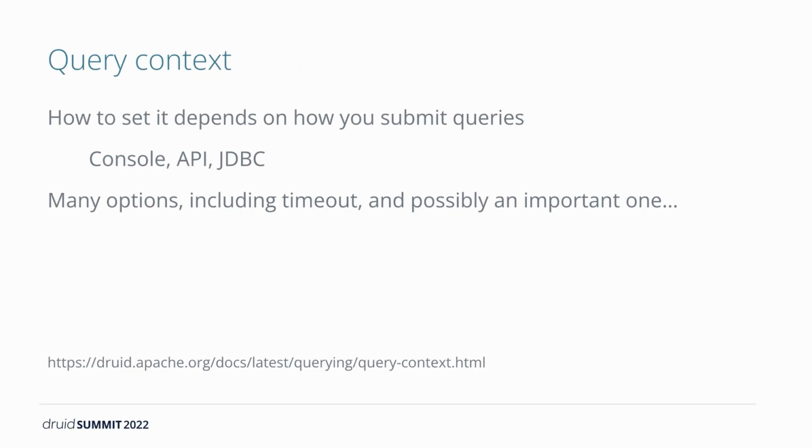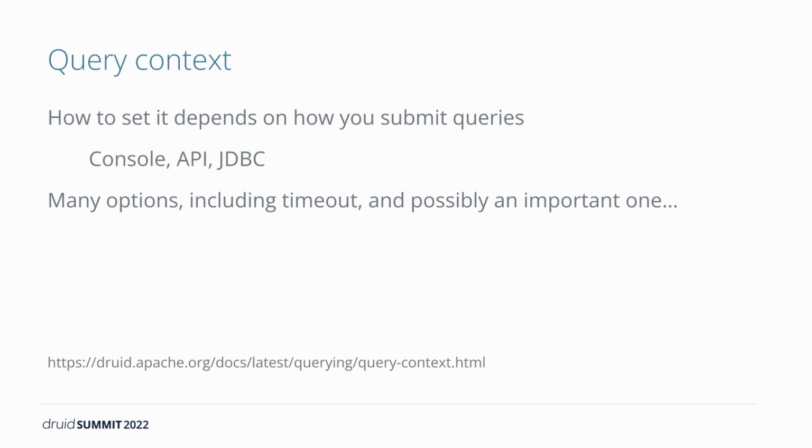In the console, there's an option to edit your query context near the run button. It's a JSON item. There are some options in the console that you can set with radio buttons that, if you then look at the context, you'll see are just context settings that are getting set in the context.